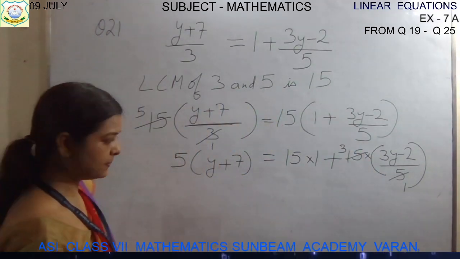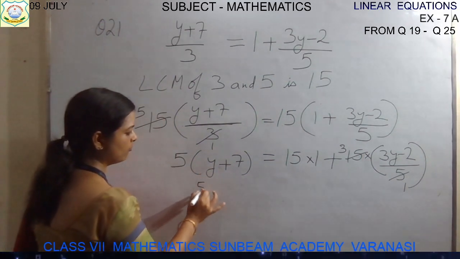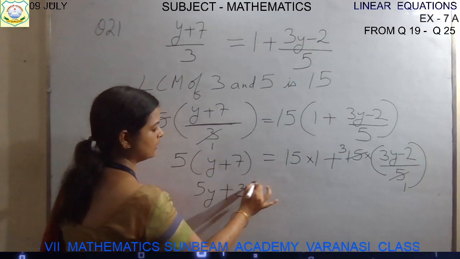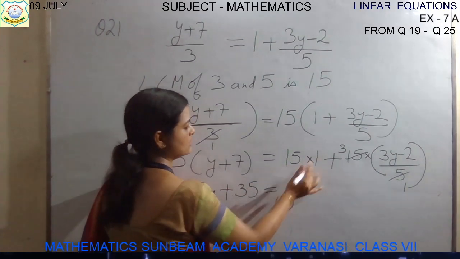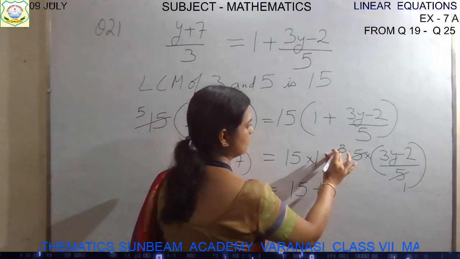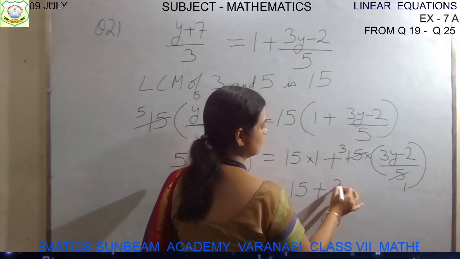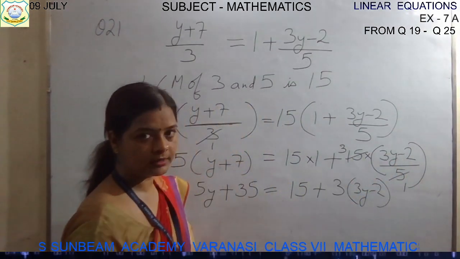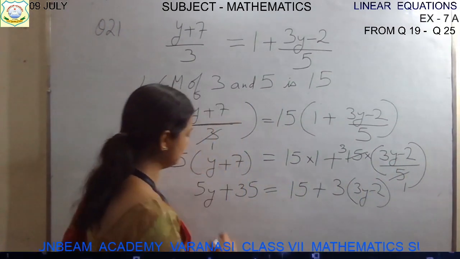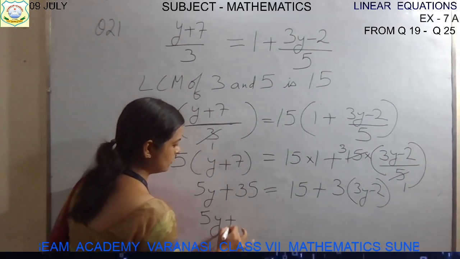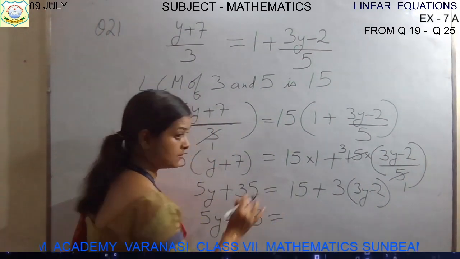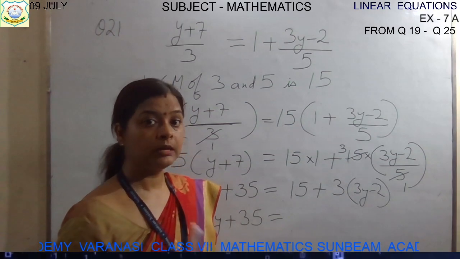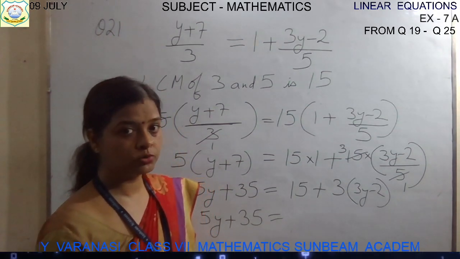So the next step is to simplify this. 5 into y, 5y plus 5 into 7, 5 sevens are 35, is equal to 15 ones are 15 plus 3 will multiply with this. See, I am writing 3y minus 2. This is left, children. There is no denominator now. So when 3 multiplies with this, let me solve it in one more step. No need to cut steps, children. If you focus on minimizing steps in class 7, you may face problems. So no need to cut the steps.